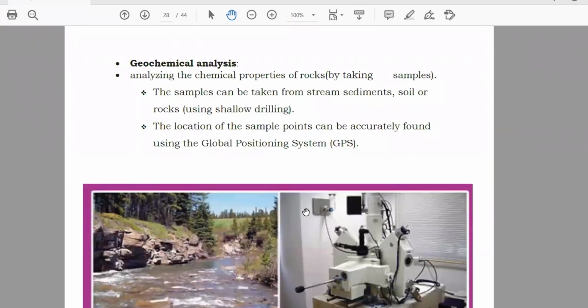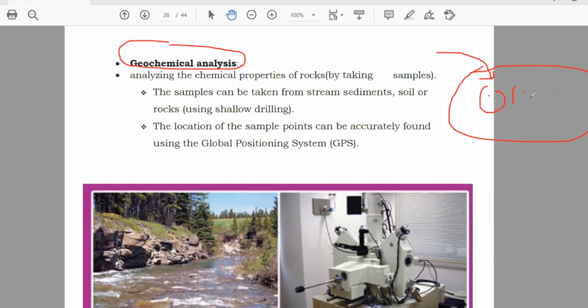Now, geochemical analysis. What they're doing is very important. Whatever sample they get from the site, for example, they took the satellite images and from that there is a possibility of minerals in this area. Then the geologist will go to that area physically and take samples, like prospecting, taking small pieces.